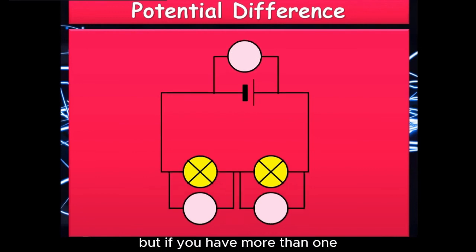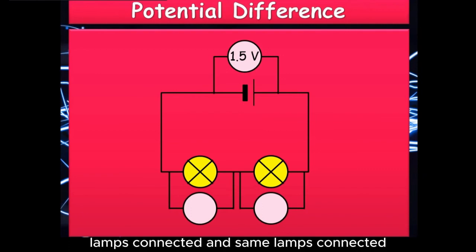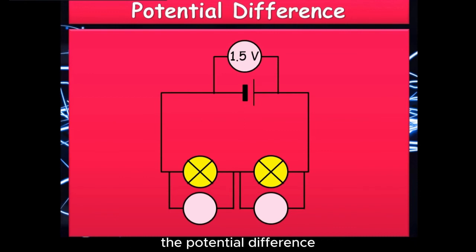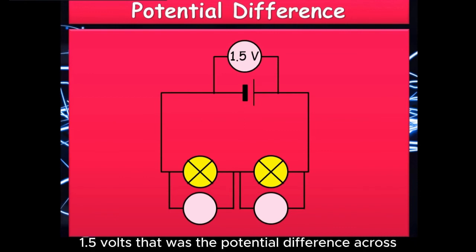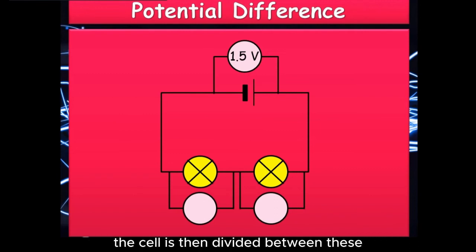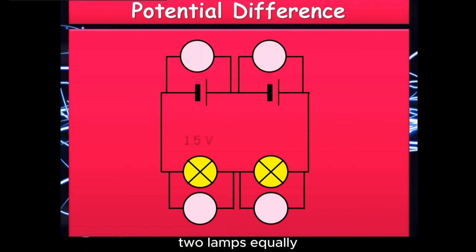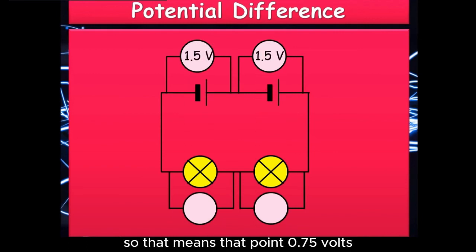But if we have more than one lamp connected, and the same lamps, with the same resistance, or the same rating, whatever you call it, the potential difference across the two of these lamps would be divided. The 1.5 volts across the cell is divided between these two lamps equally. That means 0.75 volts each.